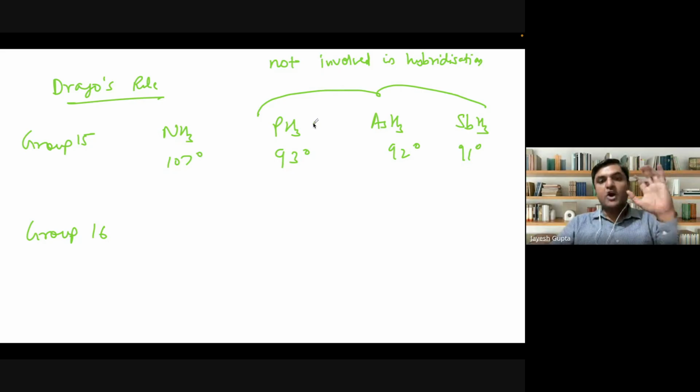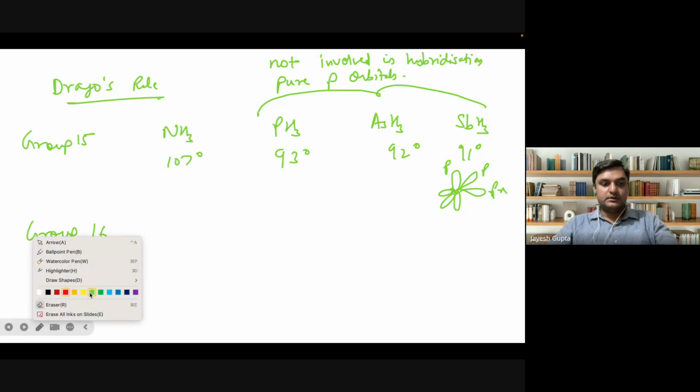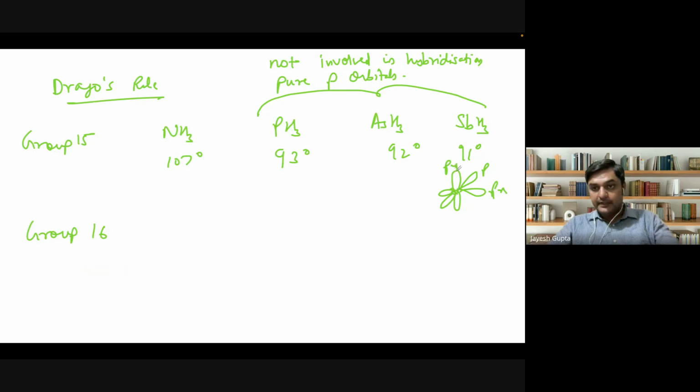Here the bond will be made with pure p orbitals. Now how do pure p orbitals look? They will have a perfect x axis, y axis, and z axis. And there you can see it is px, py. Sorry, this will be pz. This will be py.